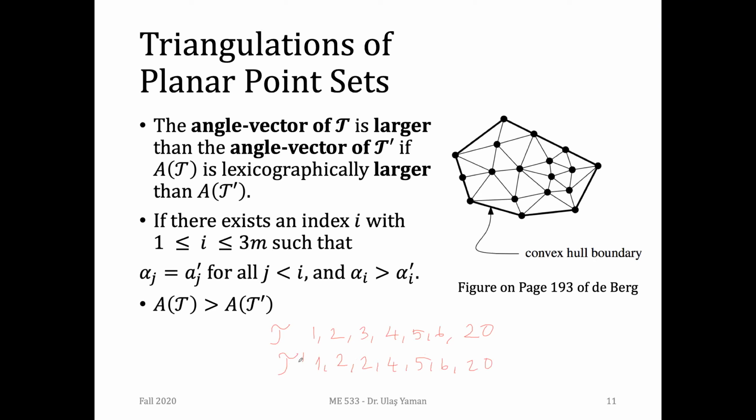Is it the first one? The first one is larger, since if you look at here, they are the same, but for the next ones, tau has a larger angle than tau prime. So I can say that this one is larger than the tau prime, but for the rest, at least they should be equal to each other. This is the only requirement we have in this comparison.